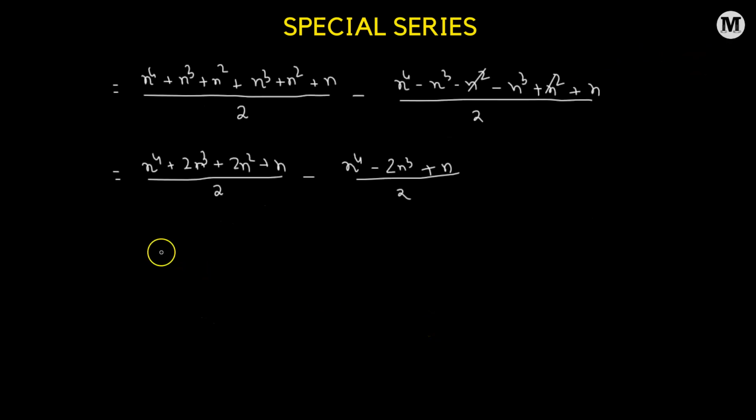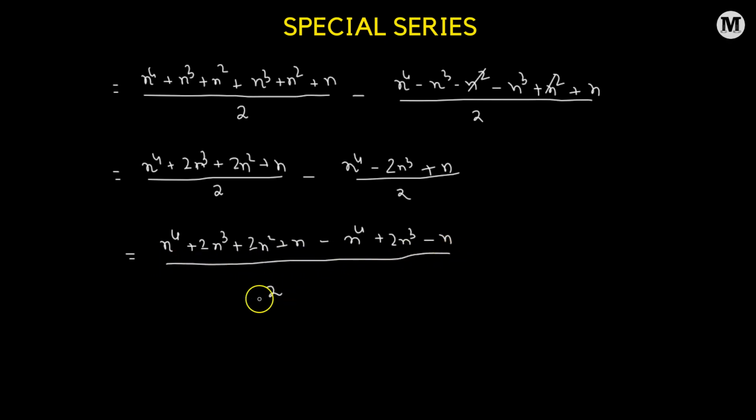Furthermore, we're going to combine them, and then in the numerator we have n raised to the power of 4 plus 2 times n raised to the power of 3 plus 2n squared plus n minus n raised to the power of 4 plus 2n cubed minus n, whole divided by 2. The n raised to the power of 4 gets cancelled out, n also gets cancelled out. That leaves us with 4n cubed plus 2n squared divided by 2.